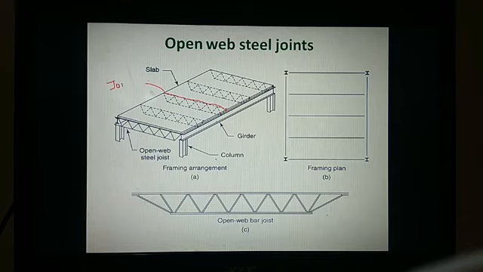Here also it is called a joist, but it is with a truss member, right? So this is called an open web bar joist. Even in multi-storied buildings or long span buildings, you can make use of this kind of steel joist which acts as a beam, right?